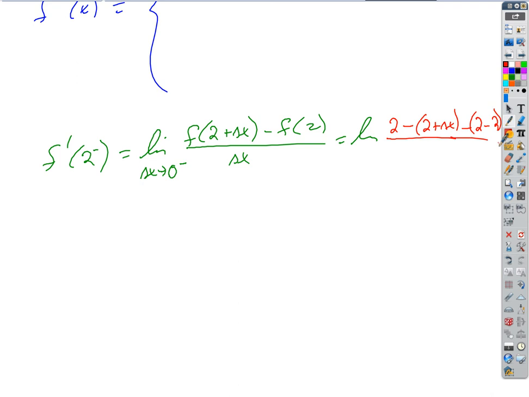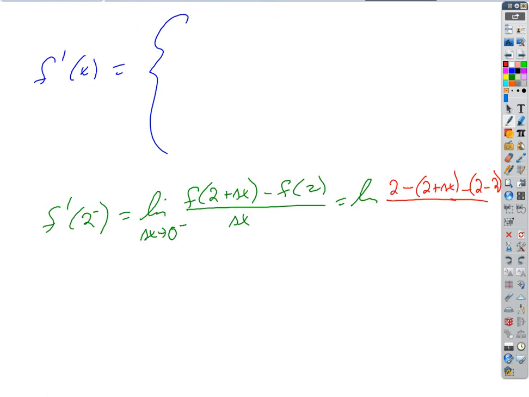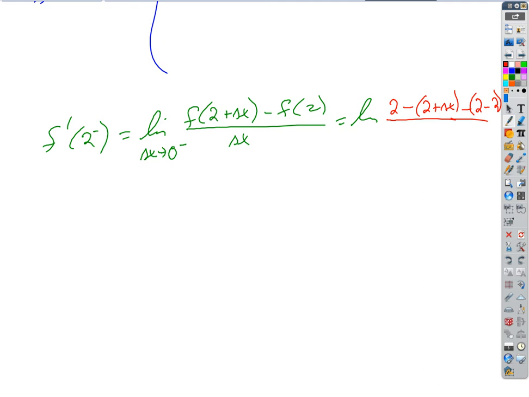Everybody see that? Okay. I'm evaluating this thing at 2, so instead of an x, we just got a 2 in there, right? Let's not do that. That's confusing. I'm gonna change that. I don't like that.